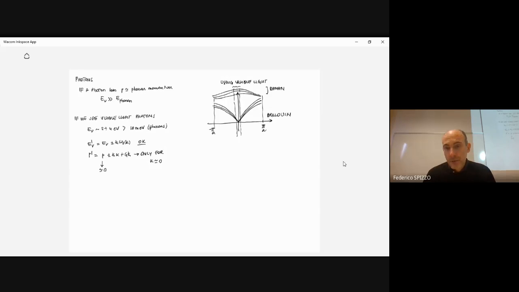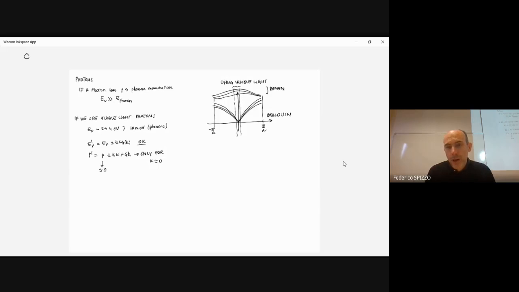If you think about an acoustic wave, you have regions where you have a compression of the system, with an increase of the density, and regions where you have an increase in size of the system, so a decrease of the density.